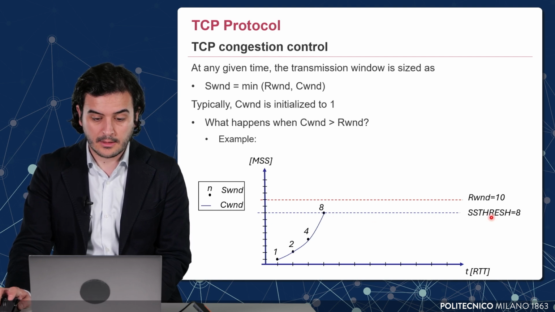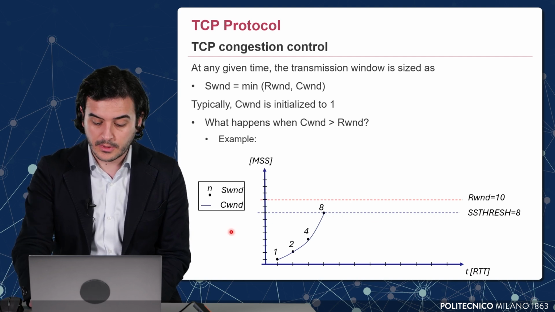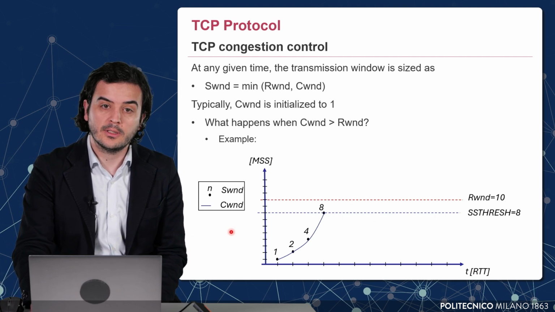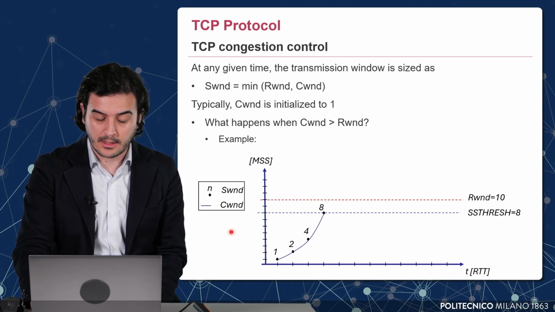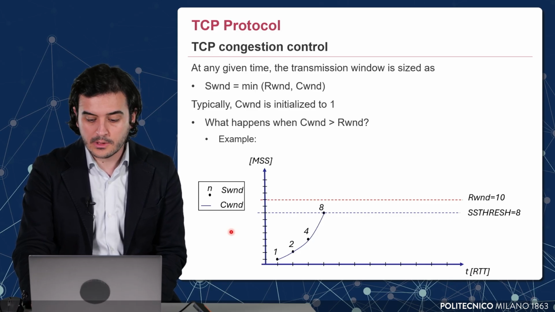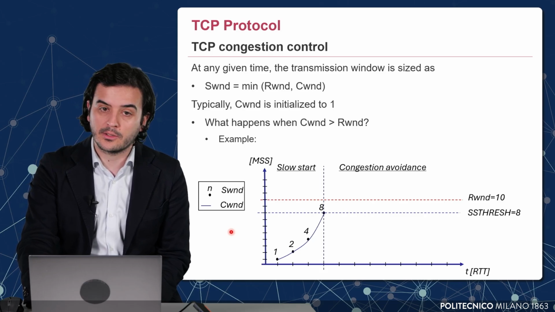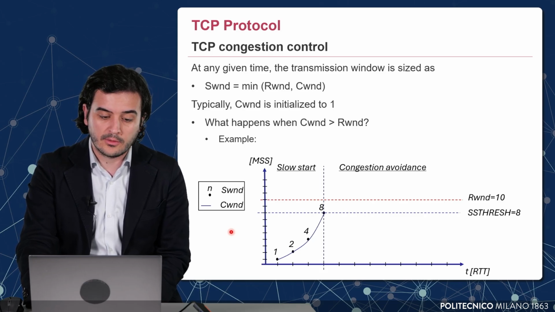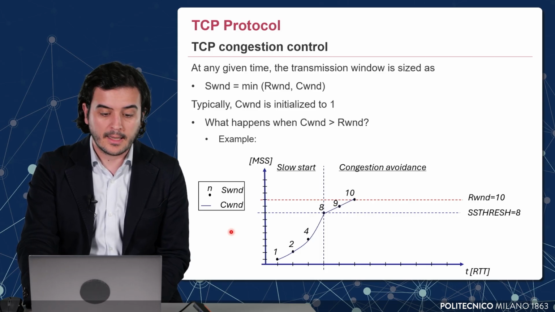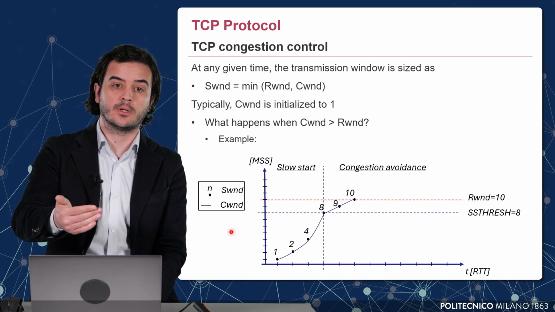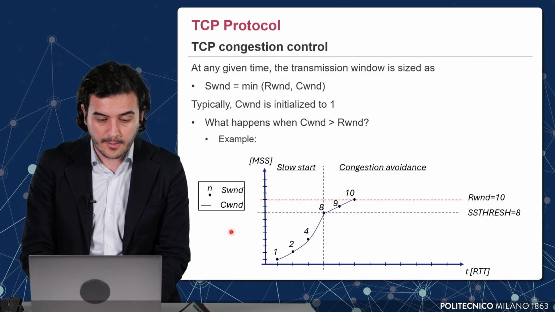Since the SS threshold is equal to the congestion window, as of now we enter the congestion avoidance state. From now onwards, the increase in congestion avoidance is linear. Hence, the value of the transmission window will be 9 and 10. So it increments by 1 in a linear way.